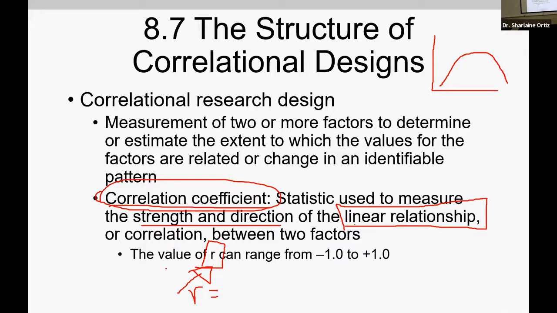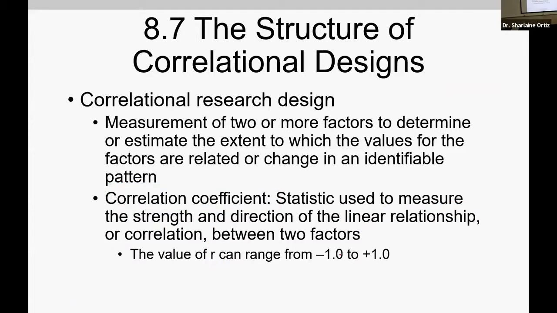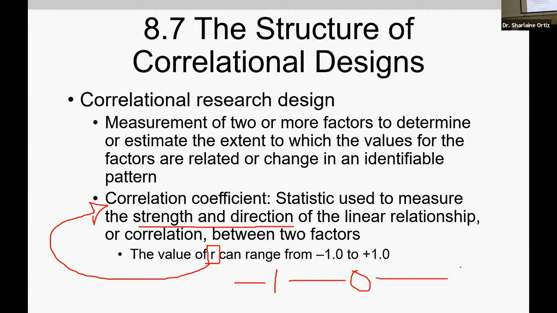Now, remember, I'm going to clear this slide up for everybody. So notice the value of R, and remember, R refers to that correlation coefficient, the strength and direction. R can go anywhere between -1, 0, and then it can go all the way up to +1.